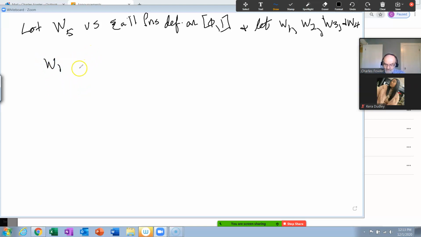W1, set of all polynomial functions defined on 0 to 1.